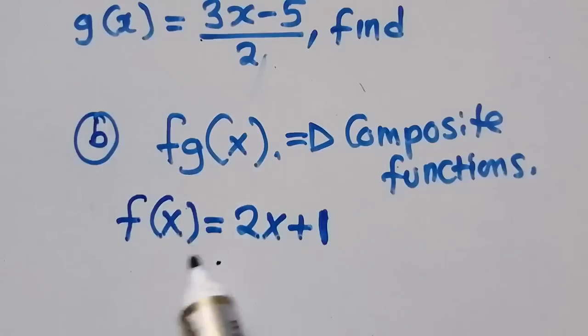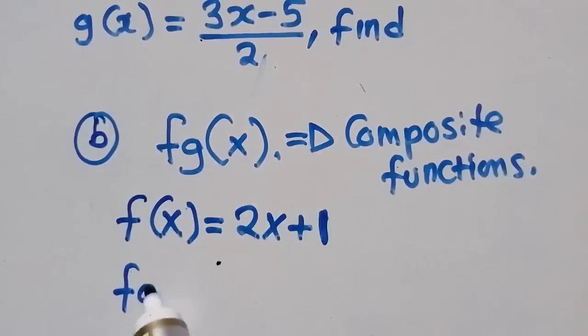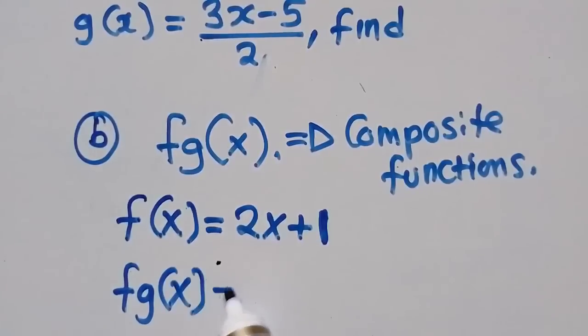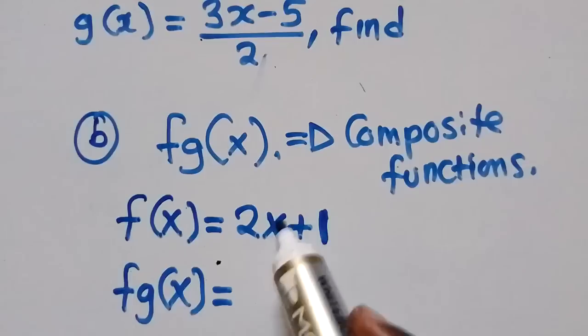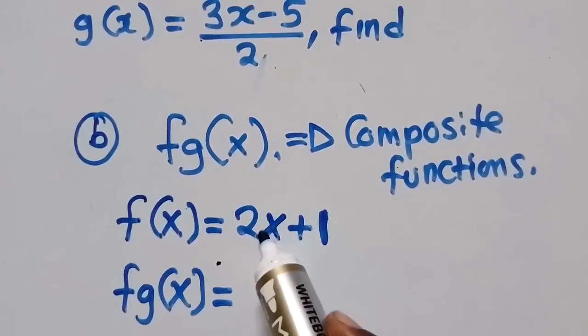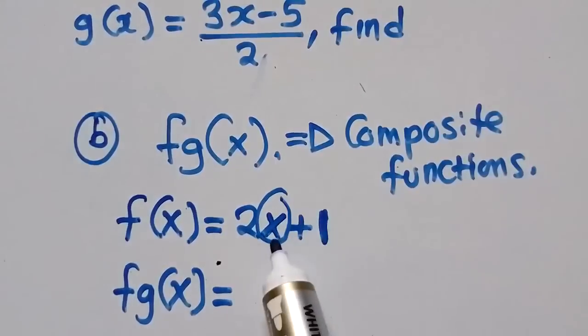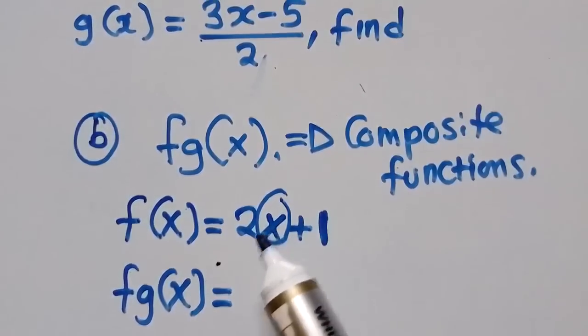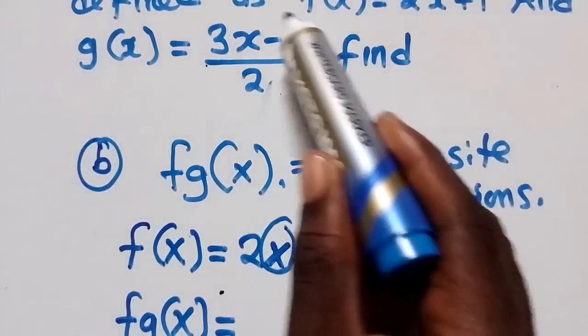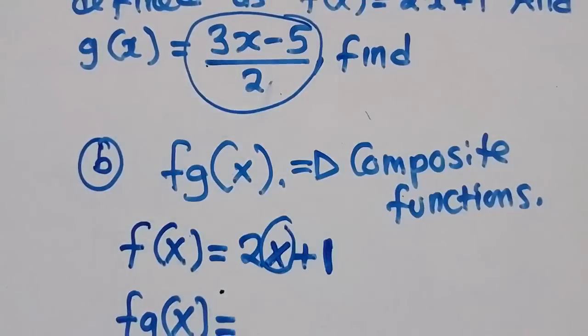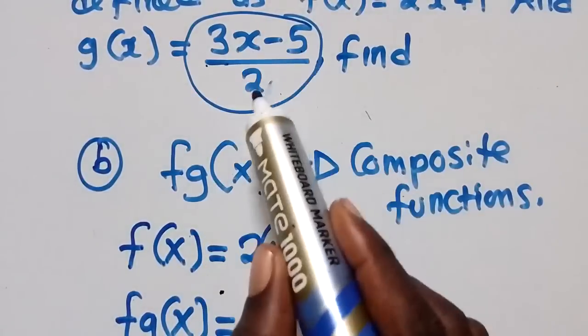Then the next step, in f you now put the g there. What will happen is this: where there is x here, that's where I'm going to put the function g. Where is the function g? This is the function g, 3x minus 5 over 2.